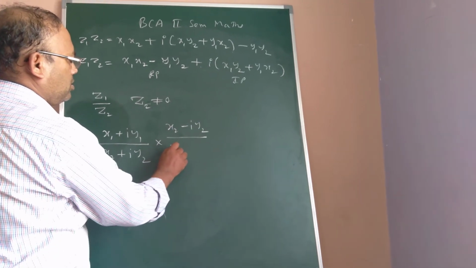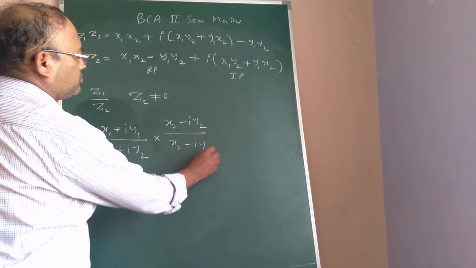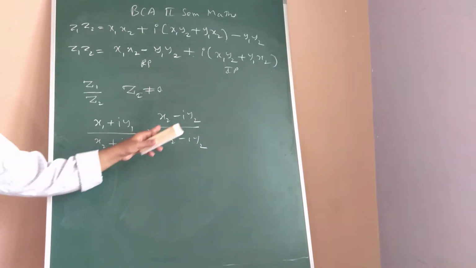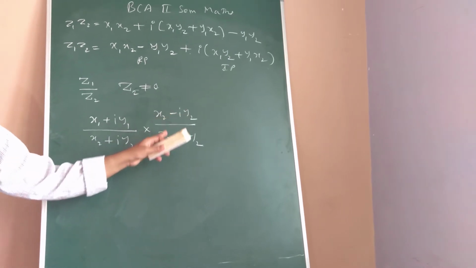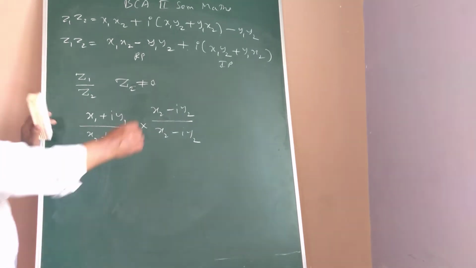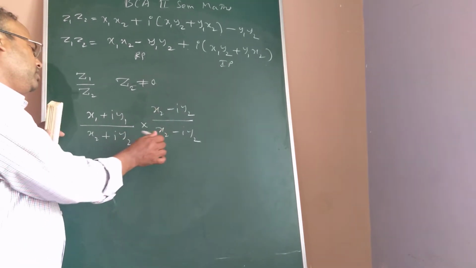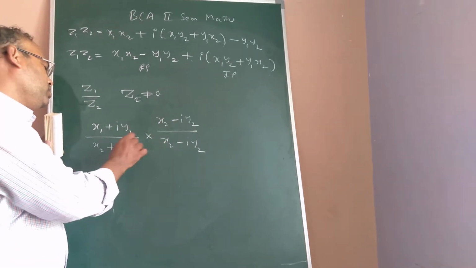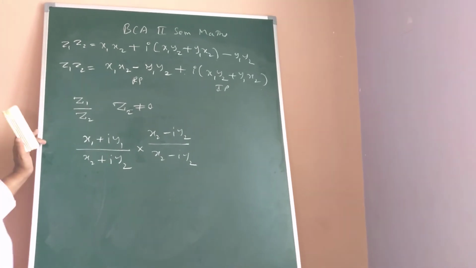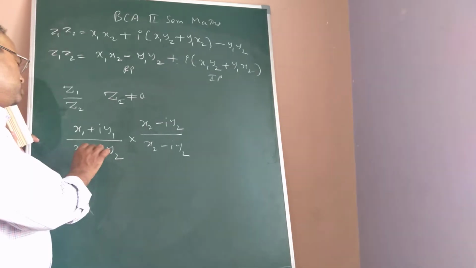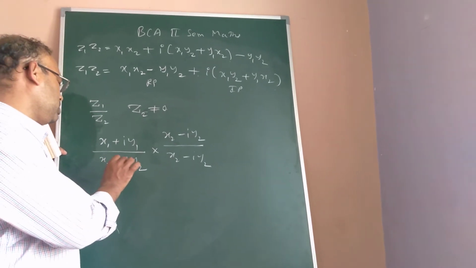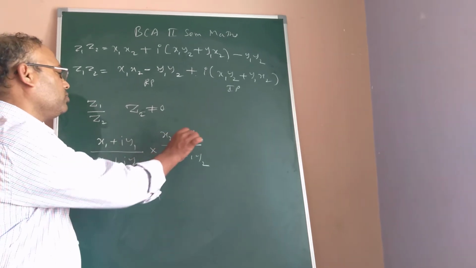Divide and multiply by the conjugate of this denominator, x2 minus iy2.